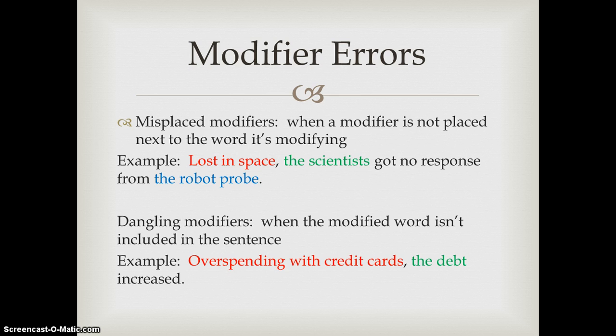That's why one really good tool I can suggest for editing your papers is to go backwards one sentence at a time. Have you ever noticed when you read your own paper straight through, you kind of go brain dead and you're not really paying attention? You're just either rattling it off if you're reading out loud, or skimming the page.